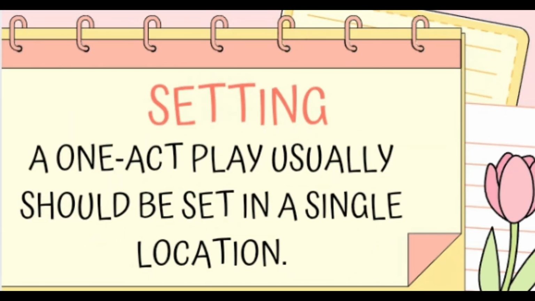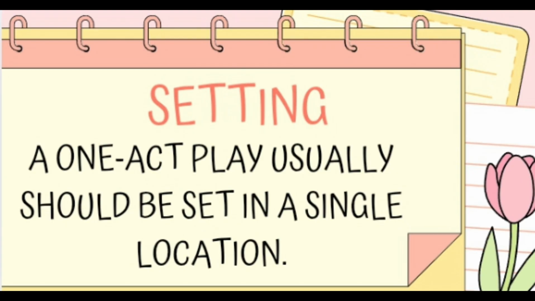The fourth is setting. A one-act play should usually be set in a single location. So, in a one-act play, class, setting refers to where and when the action of a play takes place. In a one-act play, the setting is usually limited to a single location.